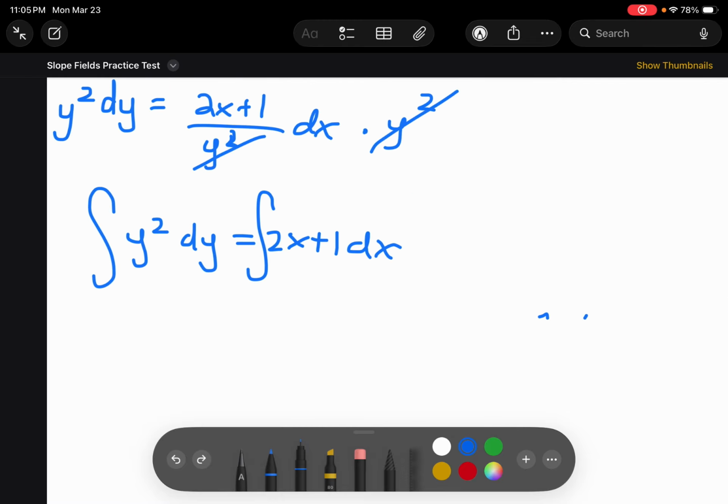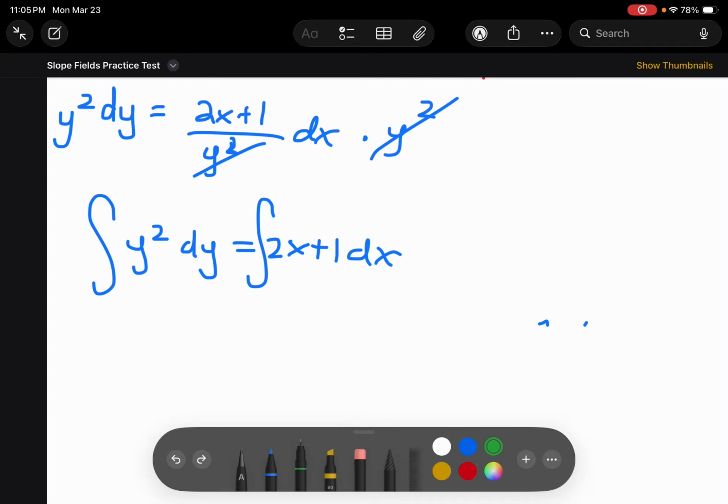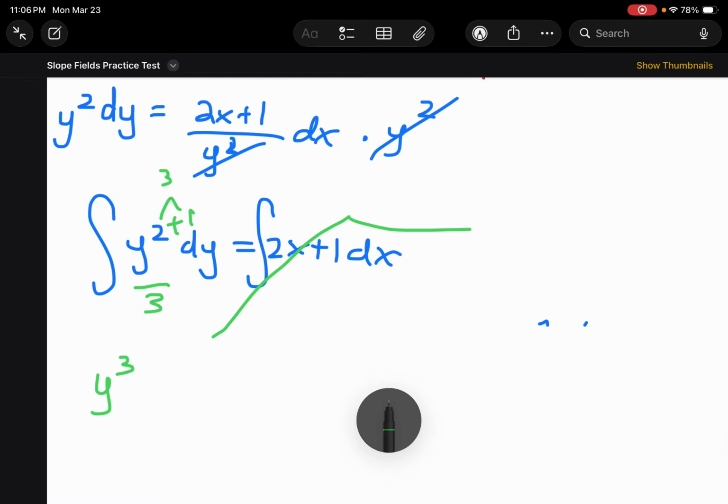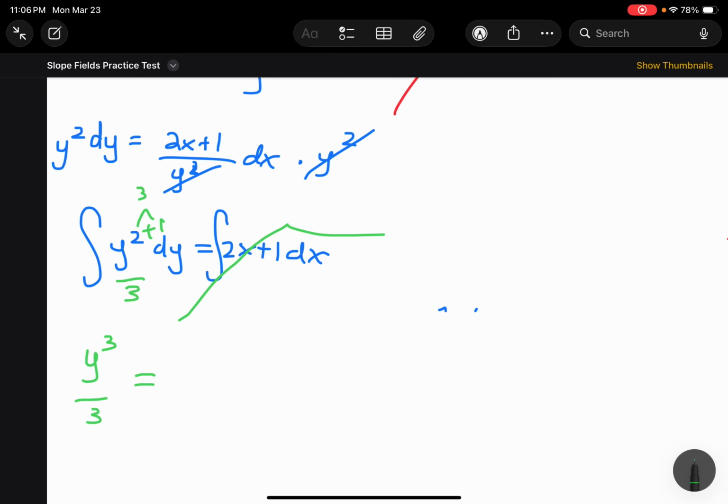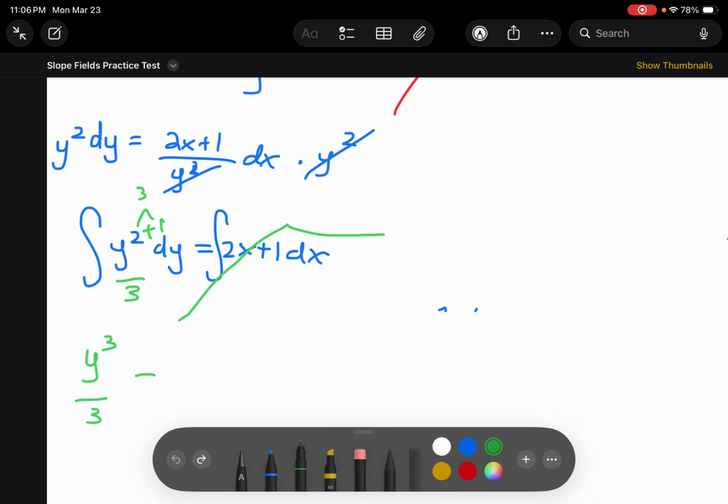So let's start with this y squared dy. So using the anti-power rule, you're going to add 1, that makes 3, divide by that new power, so it's going to be y cubed over 3 equals 2x plus 1.